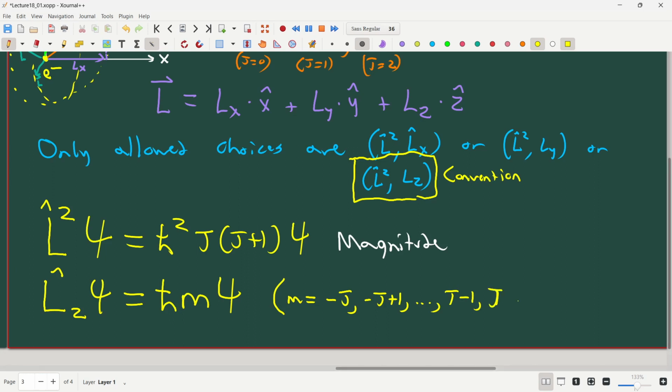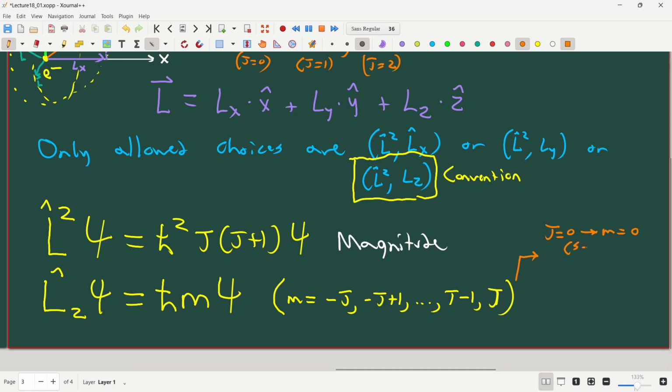This is why you have 3 p orbitals and why you have 5 d orbitals. When j equals 1, that's the p's, and the only allowed values of m are between minus 1 and plus 1. That's minus 1, 0, and plus 1. Just as an example: for j equals 0, m is equal to 0.